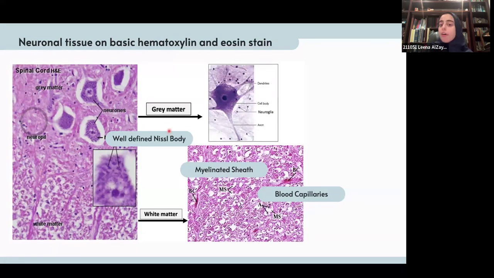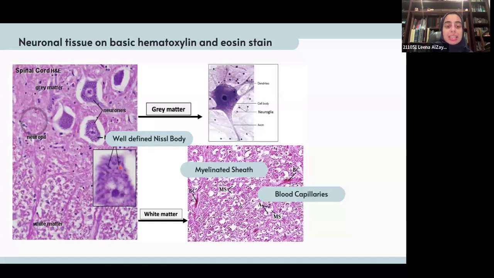First, we have a regular hematoxylin and eosin, or H and E stain, and we can see a normal neuron. What we can see here is a slide of basic H and E staining, and we can see these pyramidal neuron cells. These are the cell bodies, and inside the cell body you can see the nucleus and the nucleolus.